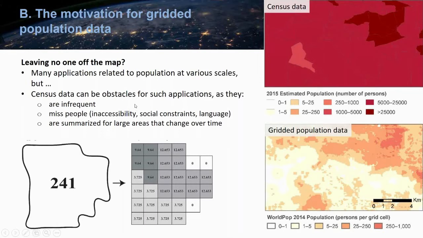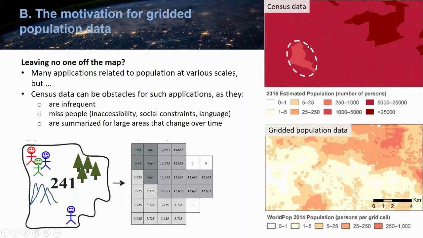The data might miss people. And this could be due to inaccessibility because of vegetation, land use, as well as topographic conditions, where there is no access for field workers, for example, as well as social constraints and language. Finally, census data are summarized very often for very large areas that can even change over time.